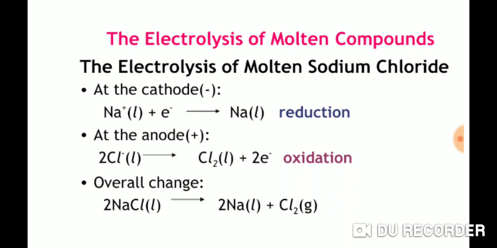Whereas at the anode, two Cl- ions, that is chloride ions, move towards the anode, the positive plate, form chlorine gas and lose two electrons. Hence, oxidation takes place at the anode. The overall reaction is 2NaCl gives 2Na plus Cl2.